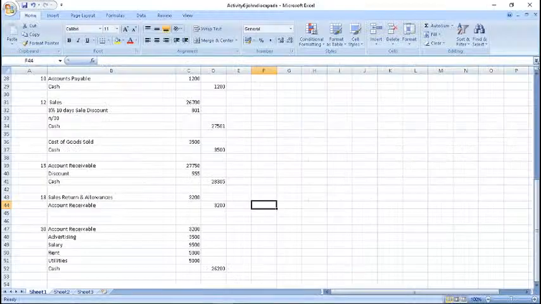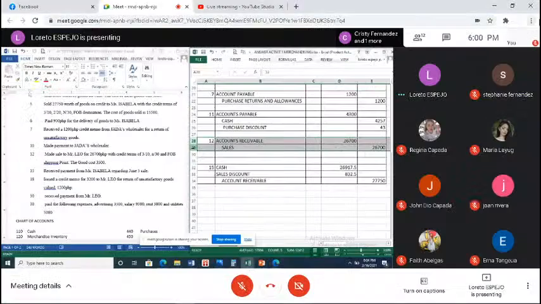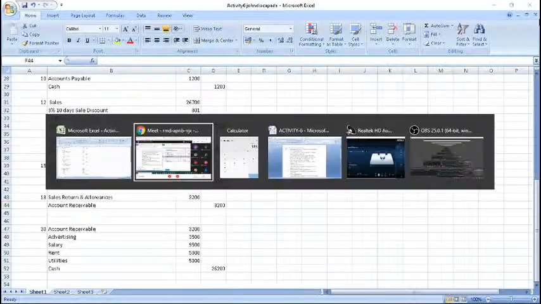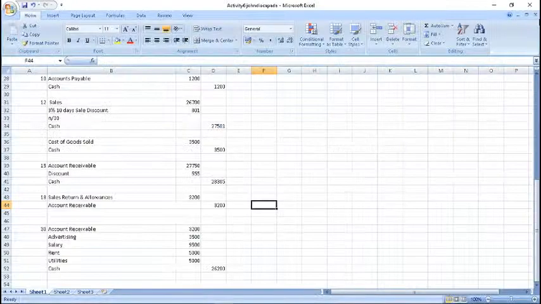Okay. Pag nag-debit ka ng sales returns and allowances, ibig sabihin yung sales mo nabawasan, kasi kontra siya. Kung babalikan mo yung June 12, ang journal entry natin ay debit accounts receivable, credit sales. Pagdating ng June 18, yung accounts receivable na yan, mababawasan dapat kasi nagbalik yung customer.